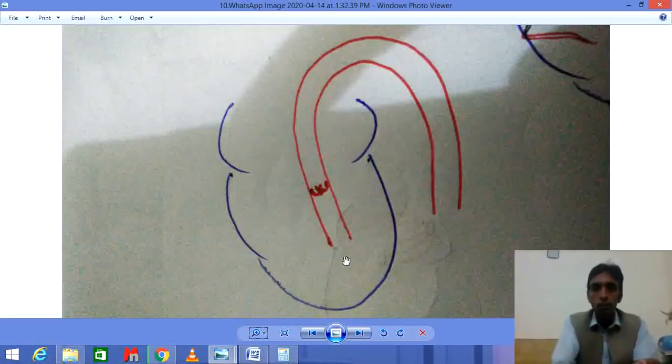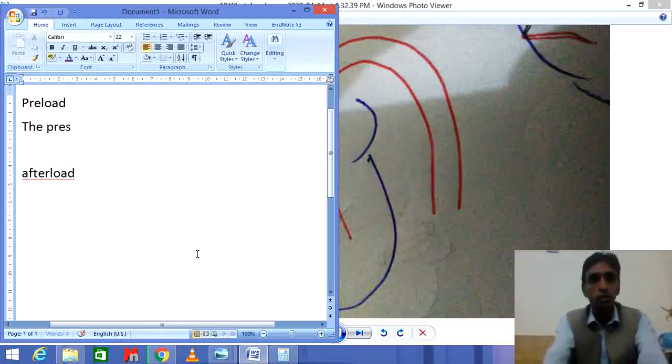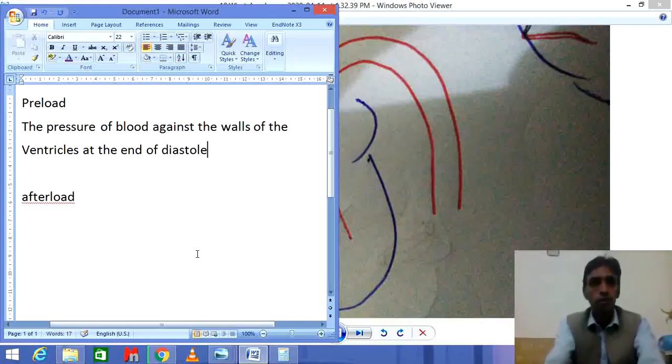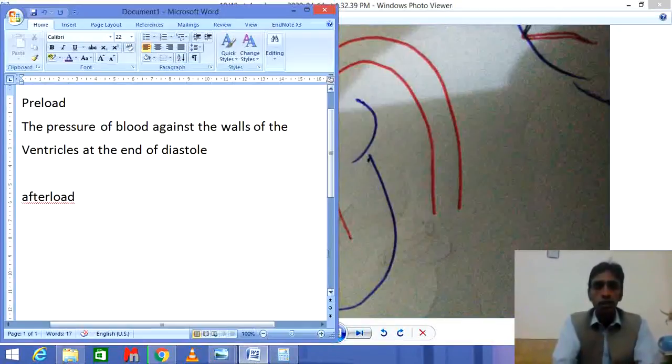When both the ventricles are filled with blood, at the end of diastole, when the ventricles are completely relaxed and completely filled with blood, the pressure of blood against the wall of these ventricles is called preload.